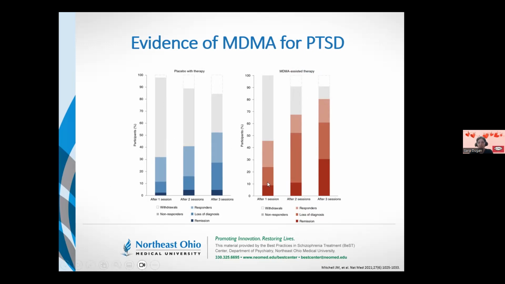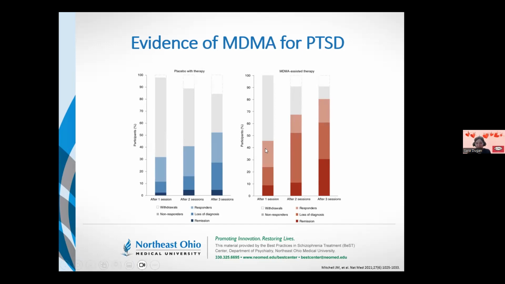There was just under 10% after the first session, just over 10% after the second session, and then about a third of patients were in remission by the end of the third session. And just compare that to placebo, they were less than 5% by the end of the third session. So they really saw a significant response in those patients.